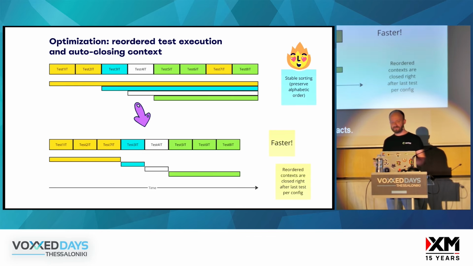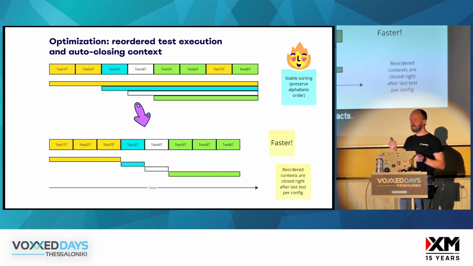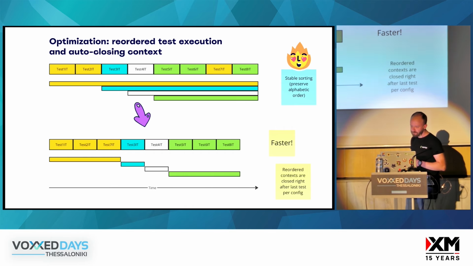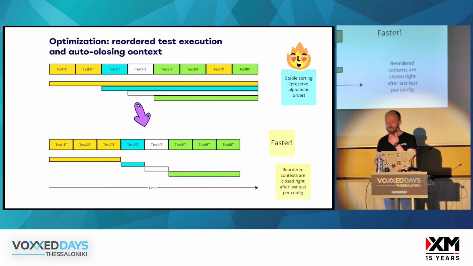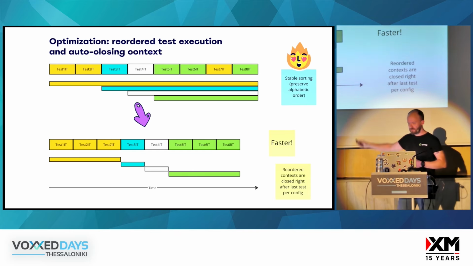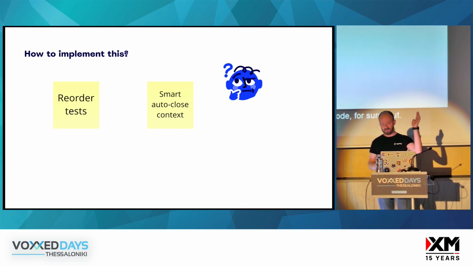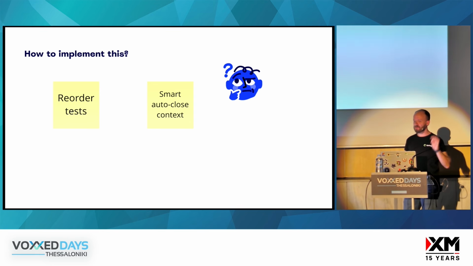In this case, we will have not more than one context at a moment, always. I'm talking about single thread execution mode for sure, but still. So how to implement this? We need to reorder tests and we need to implement a smart auto-close context listener.